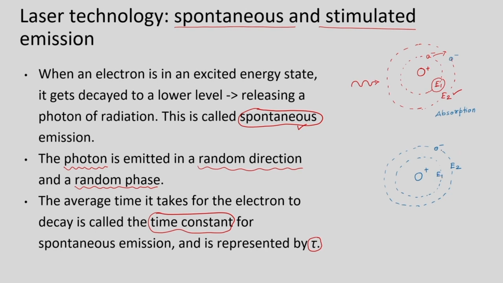So, when this higher energy state electron comes to the lower energy state, it releases a certain amount of energy. This is called the process of spontaneous emission.